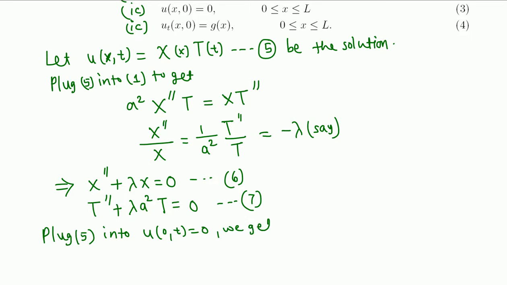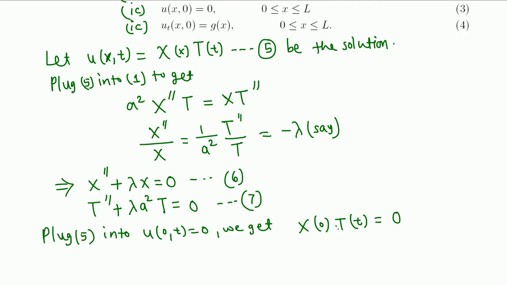So when we plug in u(0,t), x variable is 0, so this will be X(0) T(t), that's the u(0,t) equals 0.